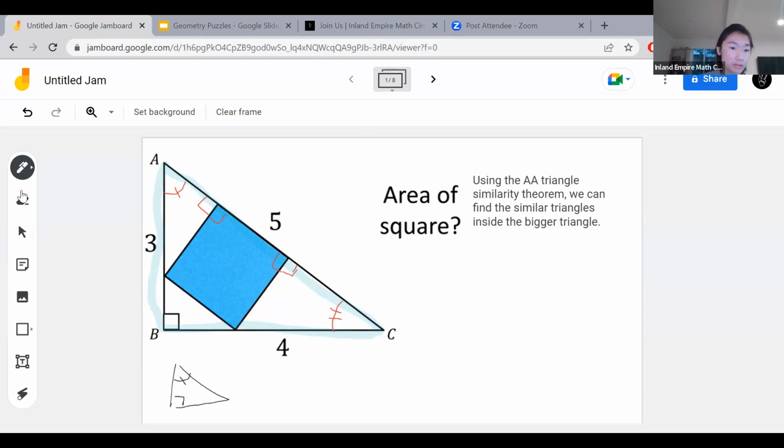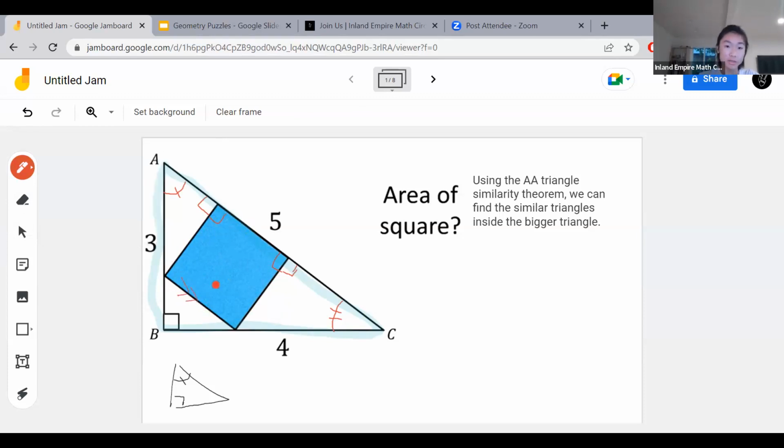So I'll give us a little hint here. Remember, because a square is all 90-degree angles, these sides are parallel. So we can draw out some parallel sides here. Oh, that's not really visible. We switch back to the red.